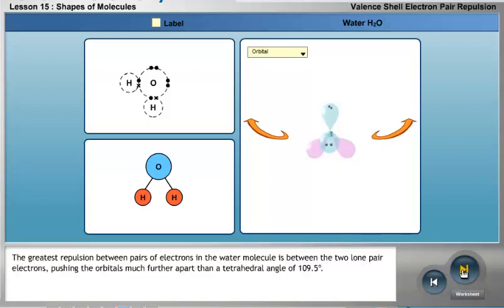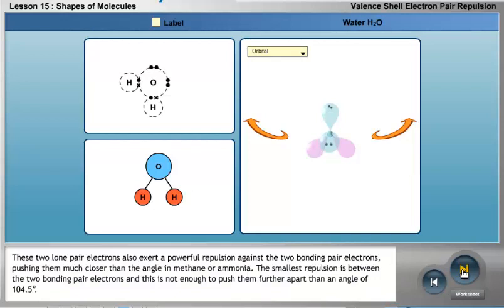The greatest repulsion between pairs of electrons in the water molecule is between the 2 lone pair electrons, pushing the orbitals much further apart than a tetrahedral angle of 109.5 degrees.